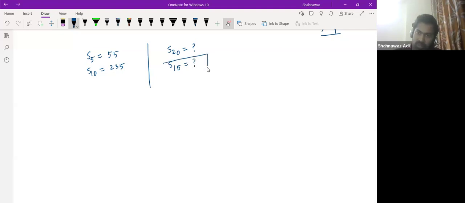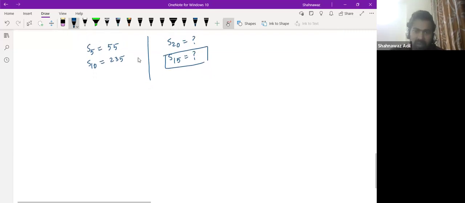Okay, so the last 15 we have to find. Yeah, this one is a lengthy one. But what are the unknowns that we have to find out? In an AP, the two important parameters are a and d. If we have these, then all the questions are simple, right?